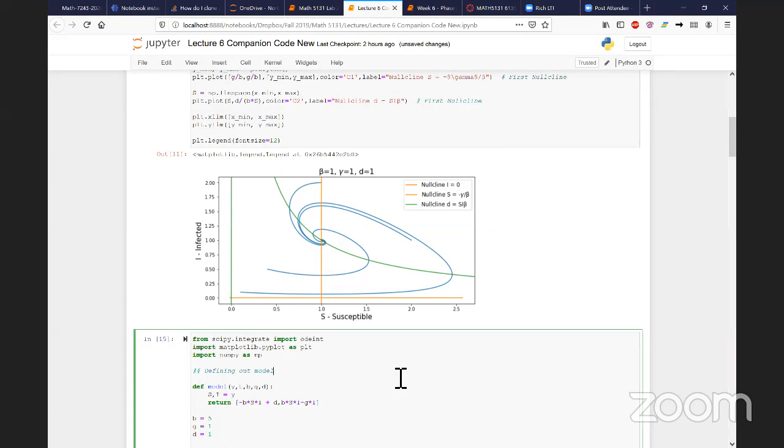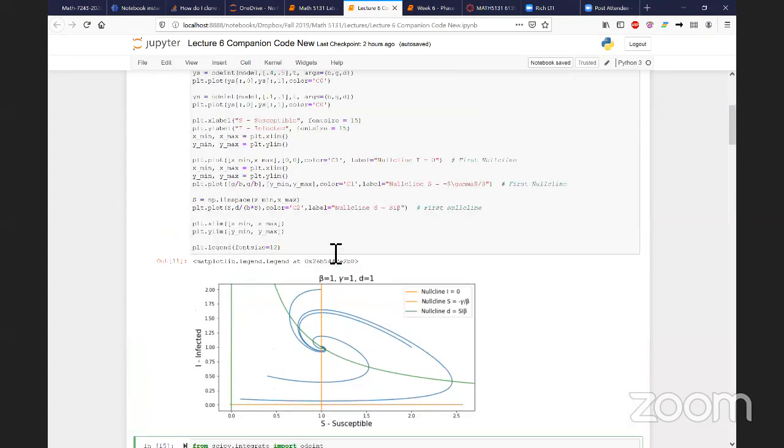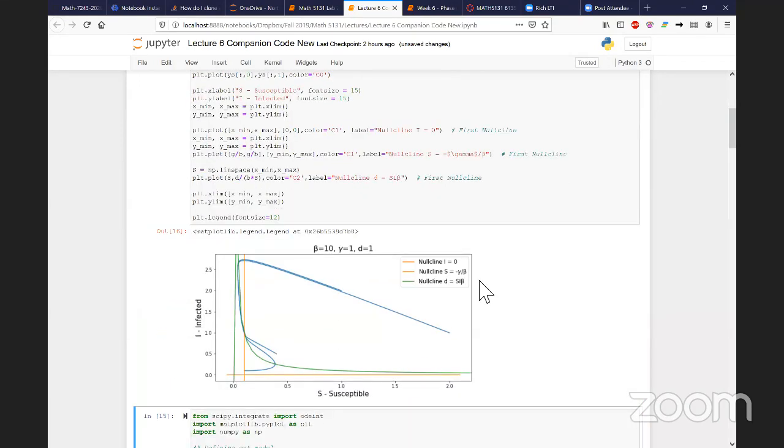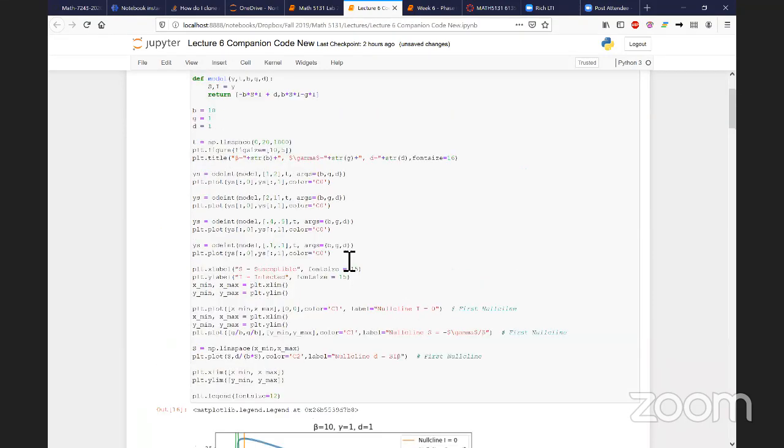But it's important to remember that the trajectory diagram is exactly the same for this case as it is for this case. The only thing that has changed, if you look at these graphs, is really just one thing.